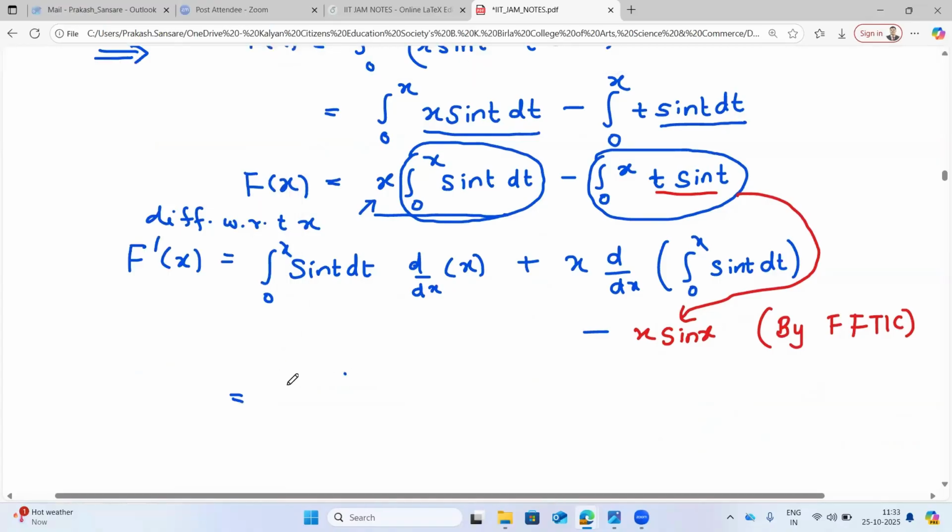So now this is the same as integration 0 to x sin t dt, since the derivative of x is 1, and this is x times the derivative of the integral 0 to x sin t dt. Again this is the first fundamental theorem of integral calculus.